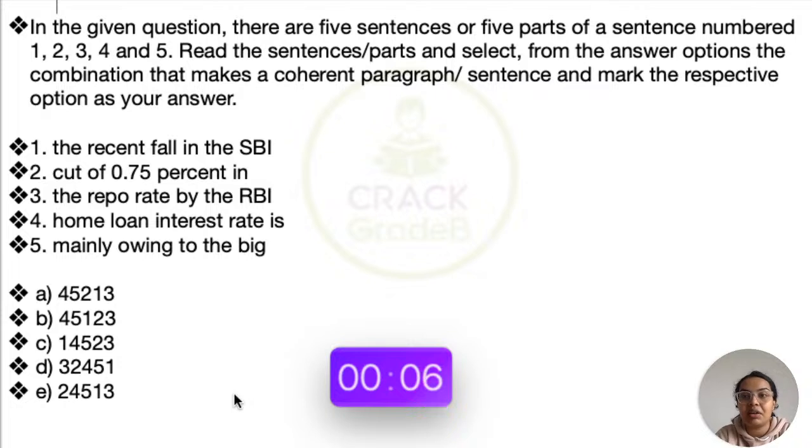You have to answer here in the chat. This is sentence rearrangement. It would be good if you can answer here.